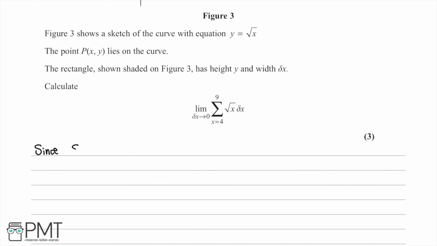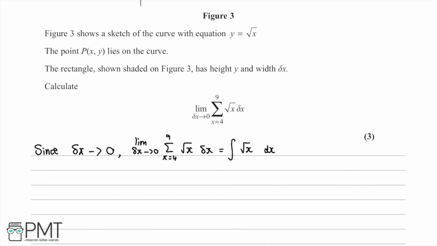since delta x tends to 0, we can say that the limit of delta x to 0 of the sum from x equals 4 all the way to 9 of the square root of x delta x is going to be equal to the integral of root x with respect to x.